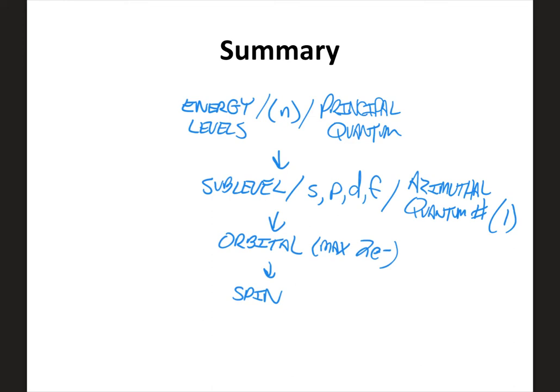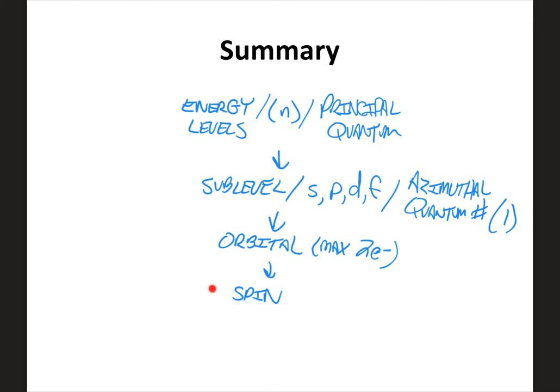So the way I like to think about this is that this energy level kind of represents the town that the electron lives in. The sublevel zooms in further and basically says, okay, this is the street now that the electron lives on. The orbital is kind of saying, okay, this is the house that the electron lives in.